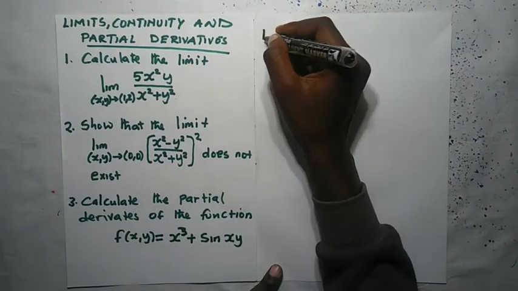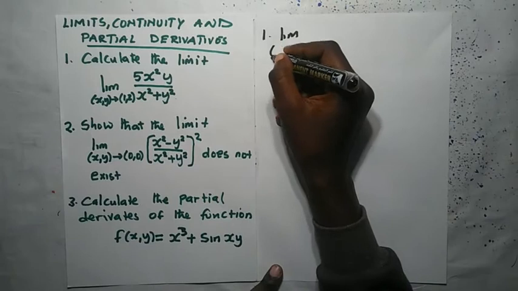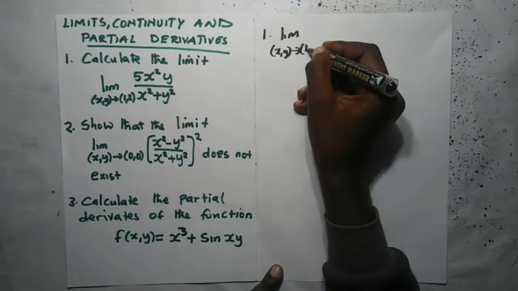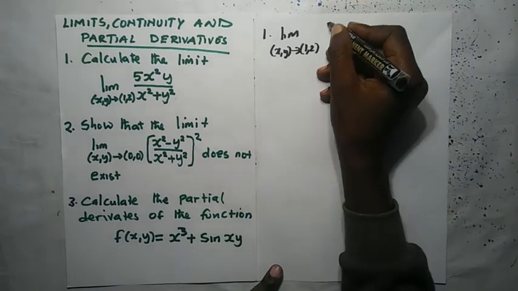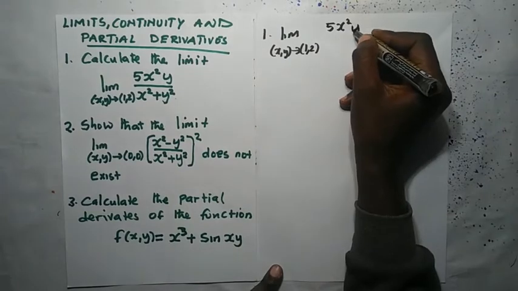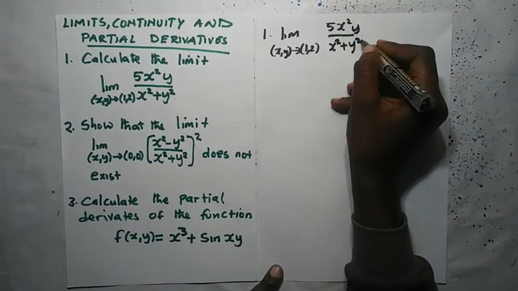So number one, we have the limit as (x, y) approaches (1, 2) of 5x squared y over x squared plus y squared.